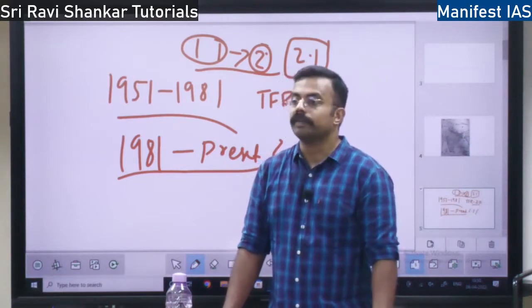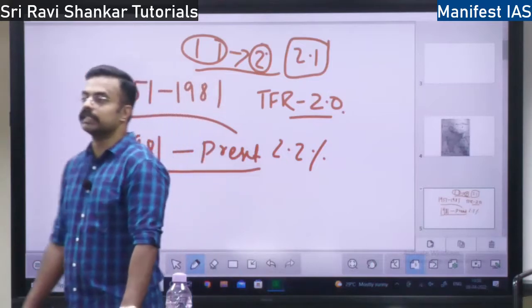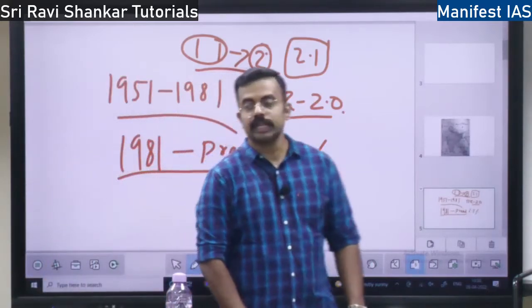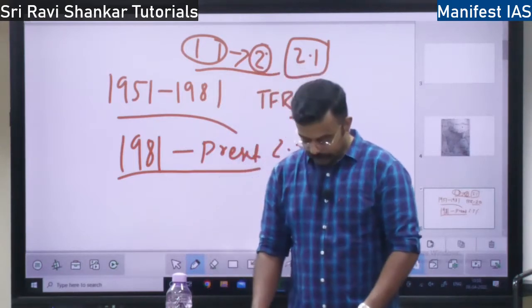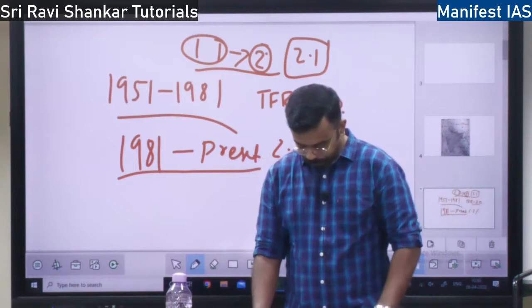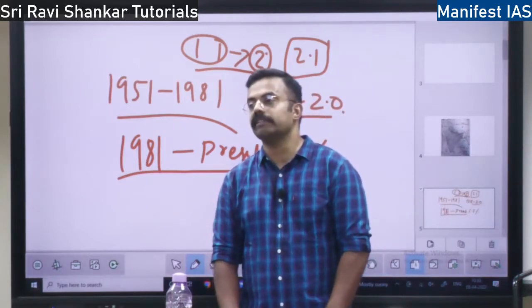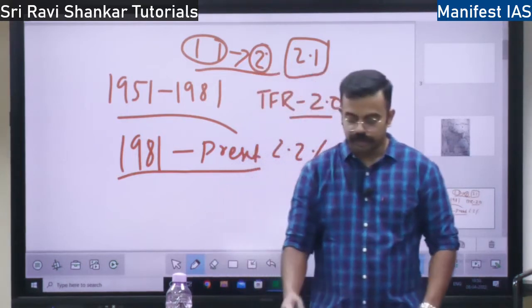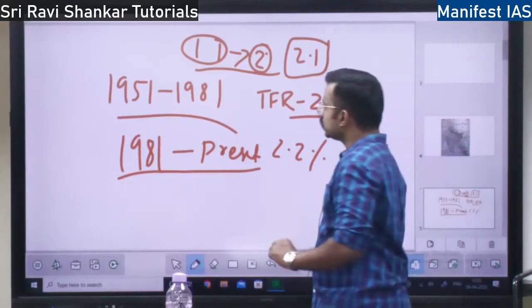But when you take Bihar, Madhya Pradesh, Rajasthan, Uttar Pradesh, Orissa, West Bengal, the population growth rate is very, very high. So there is a regional variation with respect to population growth in India.